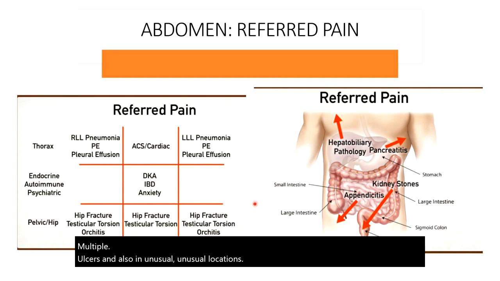When a patient has cholecystitis or cholelithiasis in the gallbladder, that pain will be referred to the right shoulder, or when a patient has pancreatitis, the pain will be referred to the back or even to the left shoulder.